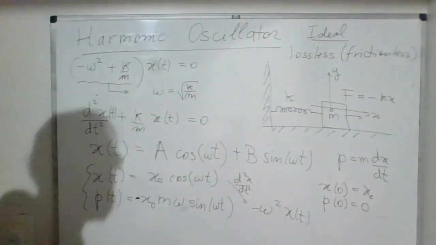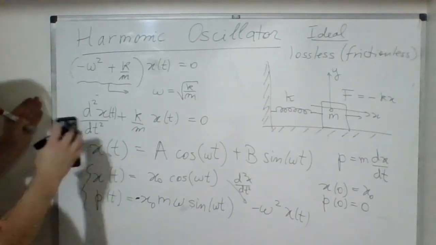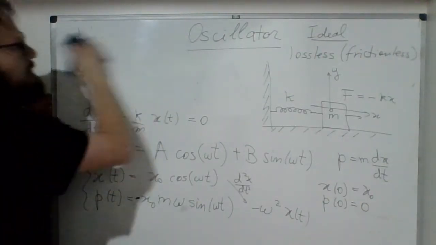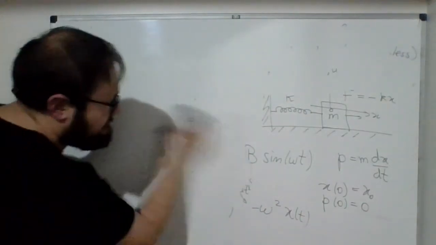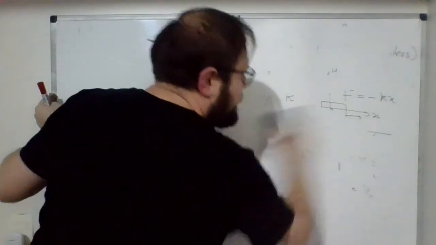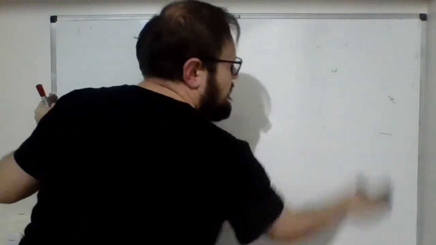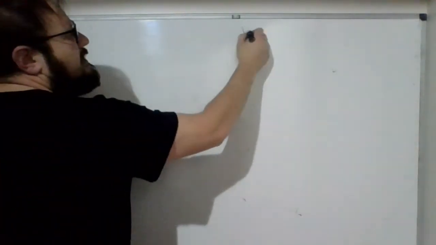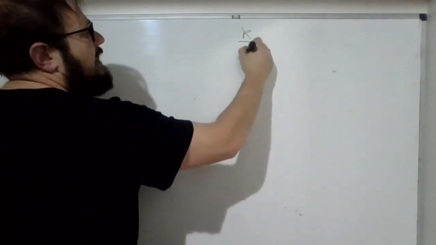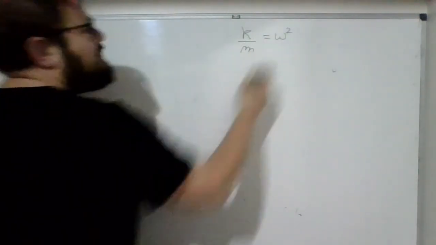just the two parameters in the system. All right, so remembering that property, you can rewrite the Hamiltonian the following way. Remember that k over m is equal to omega squared.